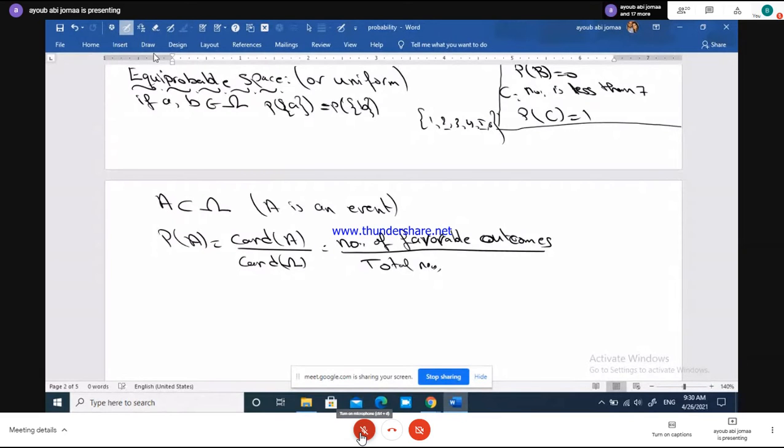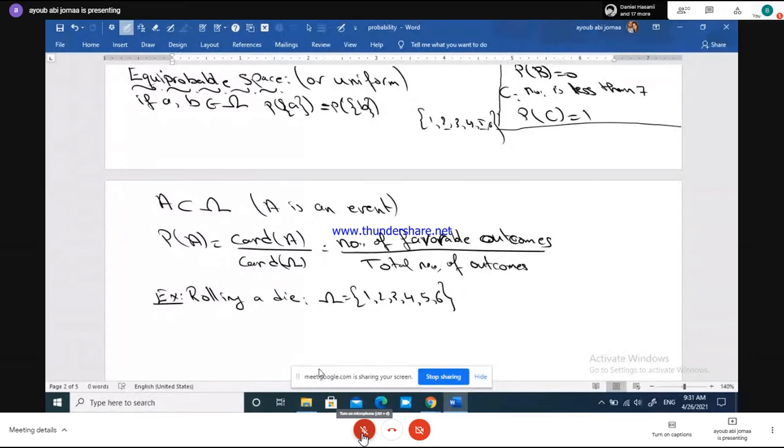Total number of outcomes. For example, rolling a die. This die is a fair die, so the sample space 1, 2, 3, 4, 5, 6 have the same chance.